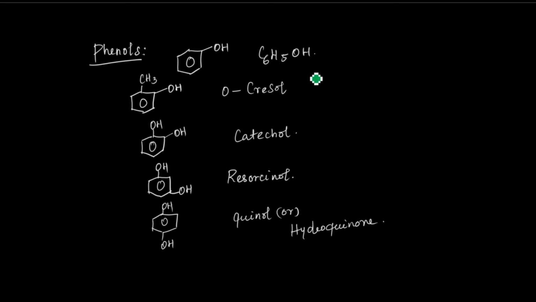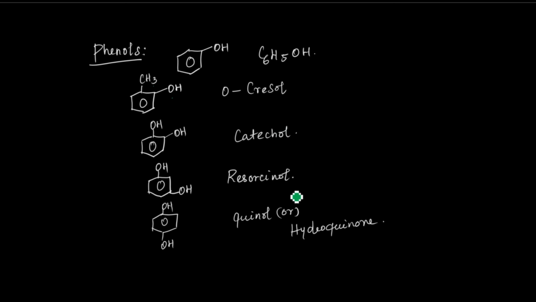Then phenols. Phenols, the naming is also important. Here the important phenols. Cresol, orthocresol, CH3 group with OH, that is cresol. OH, CH3 is ortho to OH, so that is orthocresol. Then catechol, that is 2 OH groups, dihydroxyphenol.